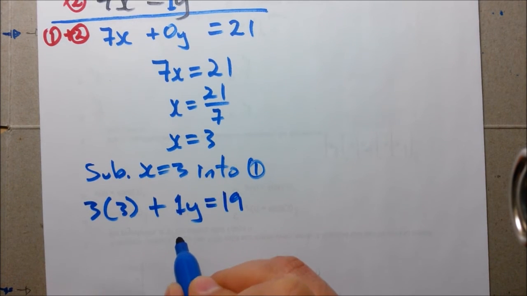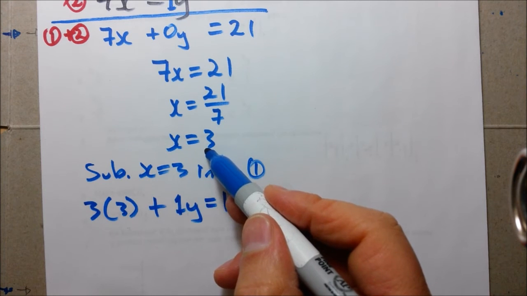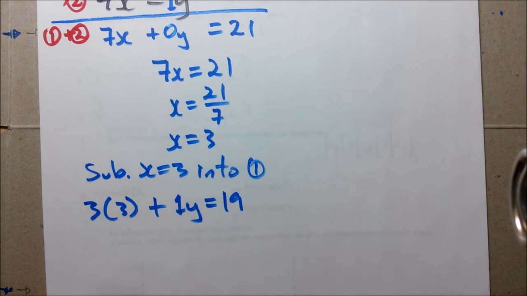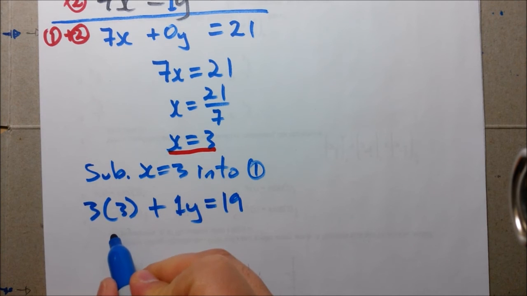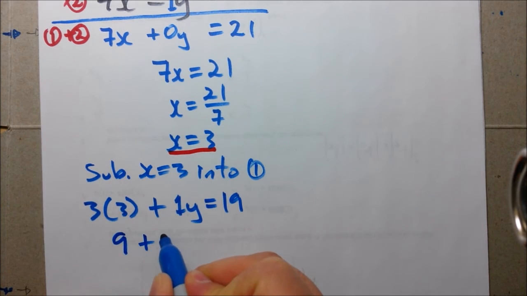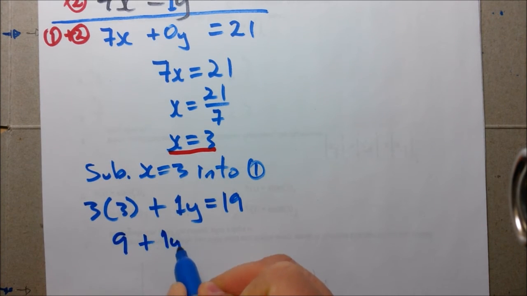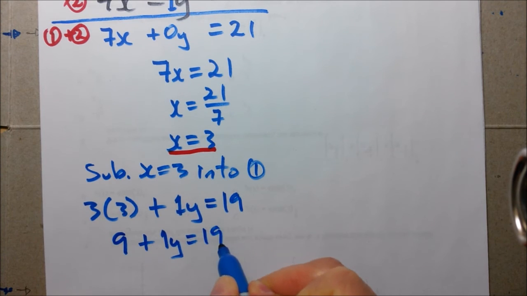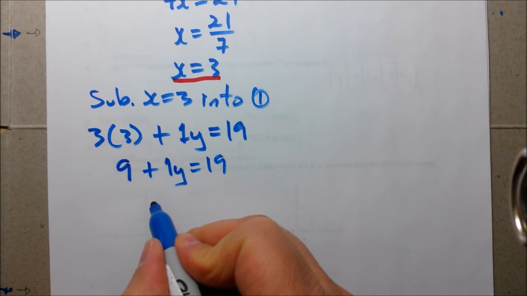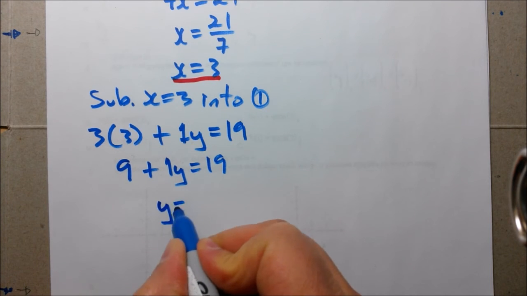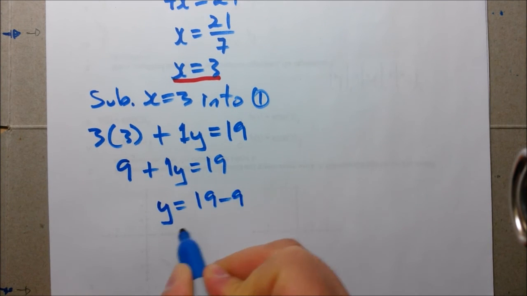Okay, now let's solve for y. We already have x equals 3. That's the x-coordinate of the point of intersection. Now we need to find the y-coordinate. So 3 times 3 gives us 9, plus 1y equals 19, and we can move the 9 to the other side, so y equals 19 minus 9.